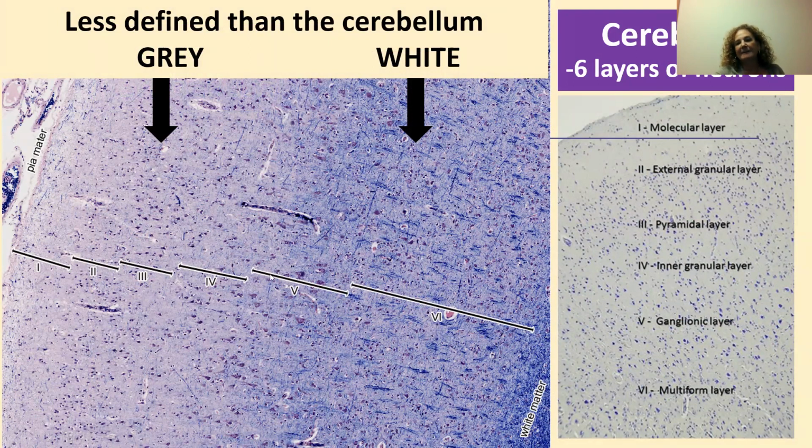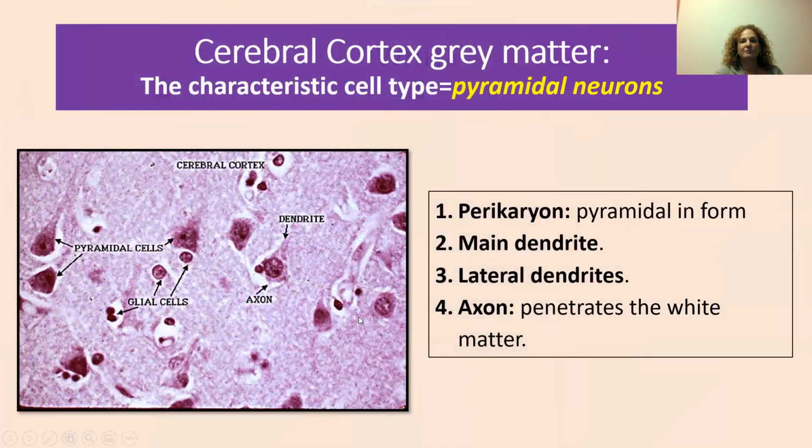Okay, so it's not necessary to memorize all the different 6 layers, just to know that, again, the gray matter lies on the outside, similar to the cerebellum. The white matter lies on the inside, and the gray matter is composed of 6 layers, which contain different amounts of different types of neurons and things like that.